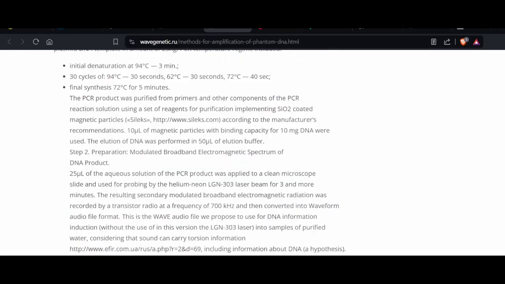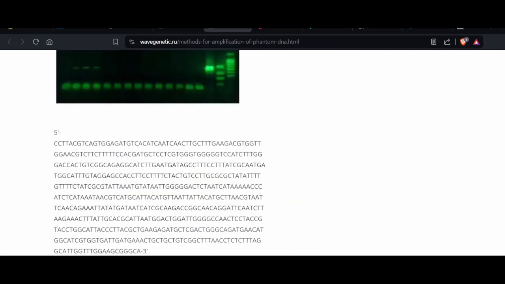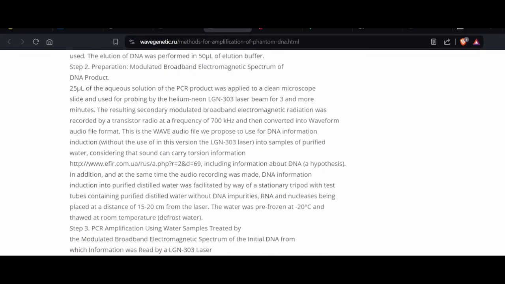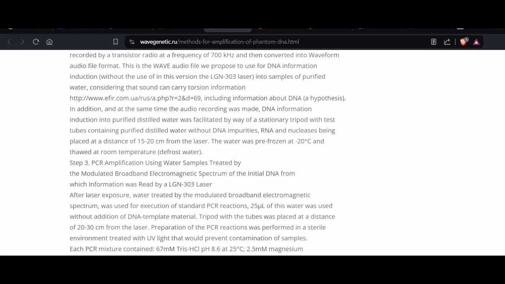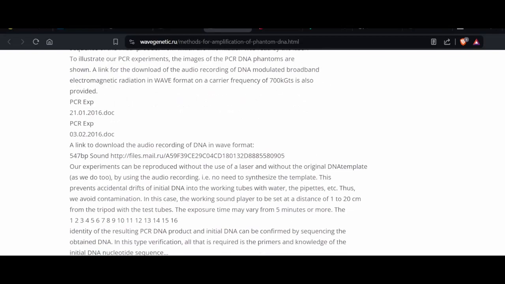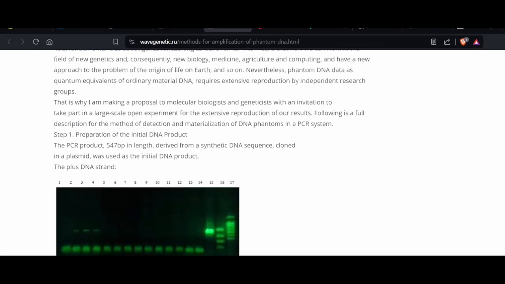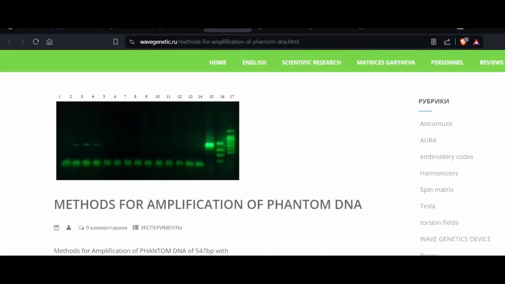Oops, that's not what I wanted to do. This is just their methods for it. I don't see their amplification.